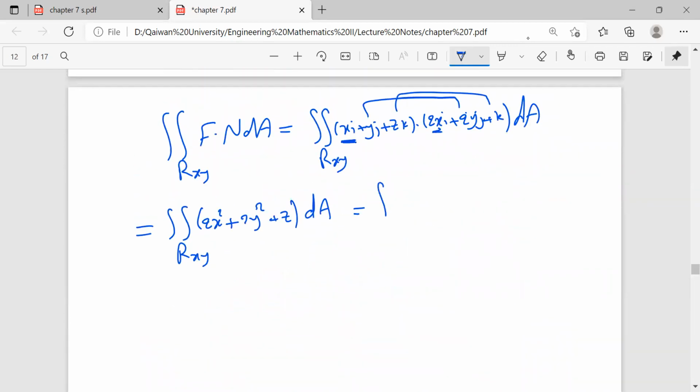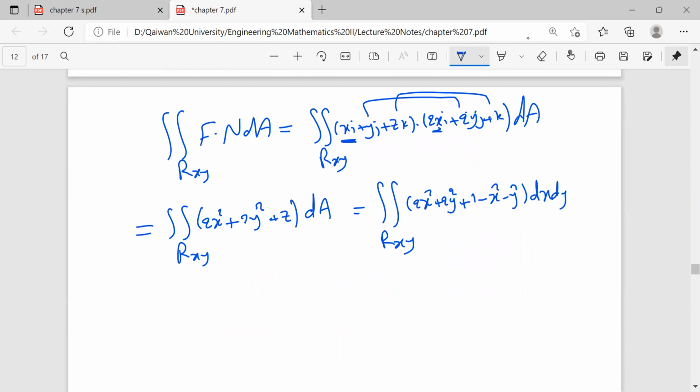This equals the double integration over R_xy of 2x squared plus 2y squared plus z, where z is 1 minus x squared minus y squared, dx dy.